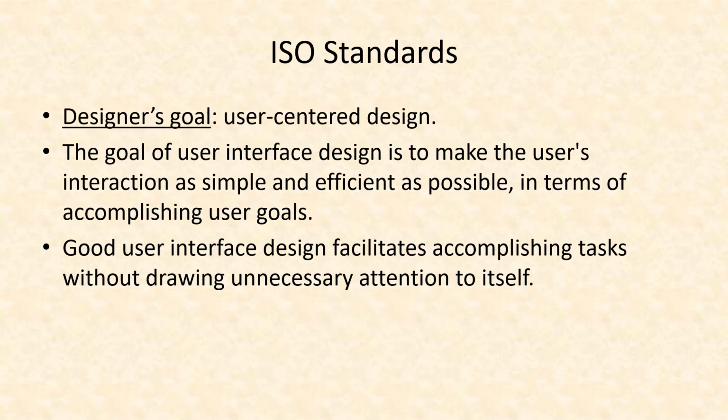The ISO talks about the goal of the designer as to create a user-centered design. In other words, something that is simple to use, it's efficient, and it allows the user to accomplish his or her goals without drawing unnecessary attention to itself. In other words, it's seamless, and this also harkens back to Brown's two rules.